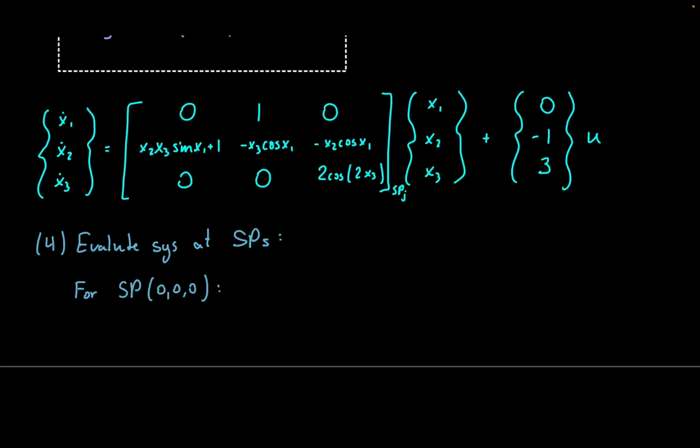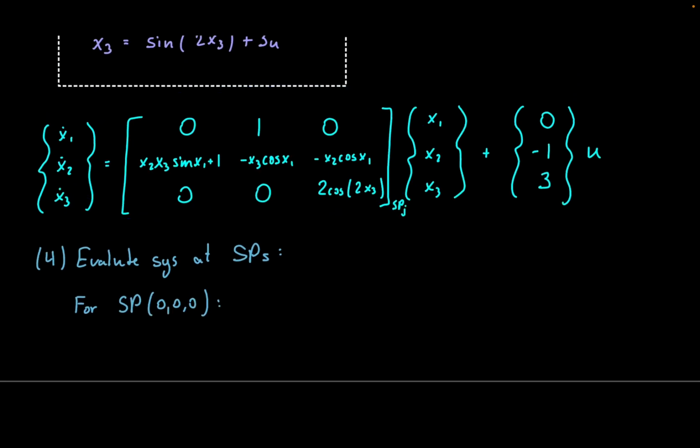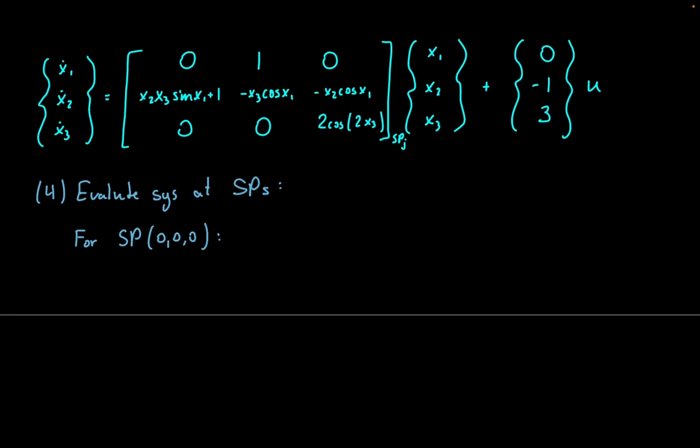what we want to do is take our Jacobian matrix, or our matrix A here, and input our values for x1, x2, and x3. So A will be equal to, our first row is not going to change: 0, 1, and 0. Nothing too crazy. For our second row, we have x2 times x3, and those are both 0, so no matter what we have 0, and then plus 1.